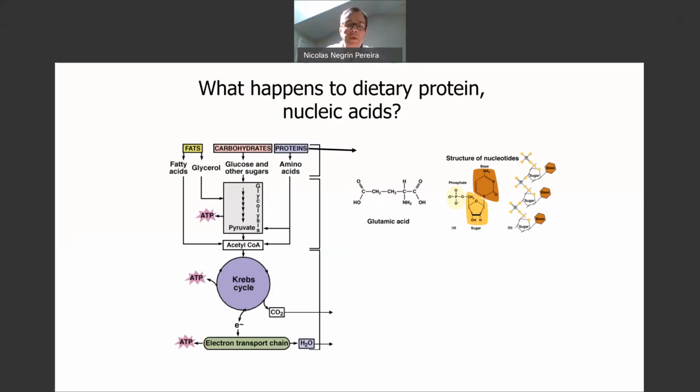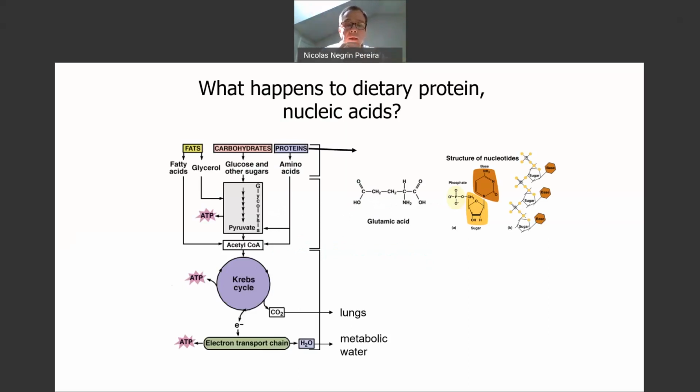So we're going to pay particular attention to some components that are byproducts produced during the normal metabolism of fat, carbohydrates, and protein.